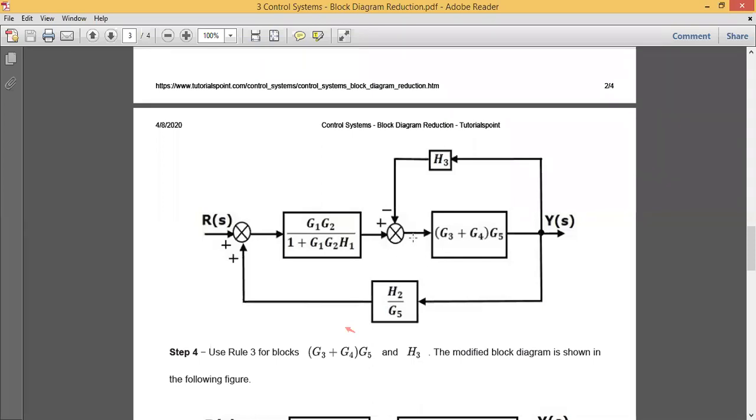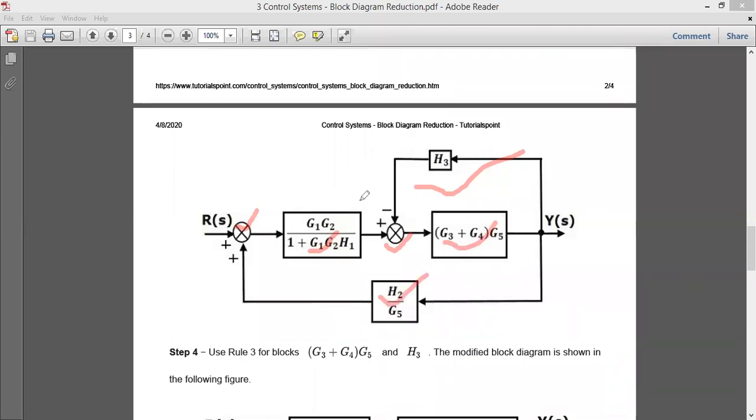You can see the summations are getting reduced. 10 minutes are remaining. What are the observations? One summation, two transfer function blocks, and one feedback block.